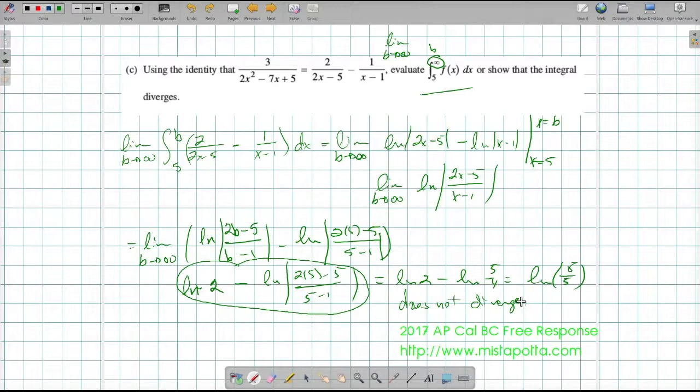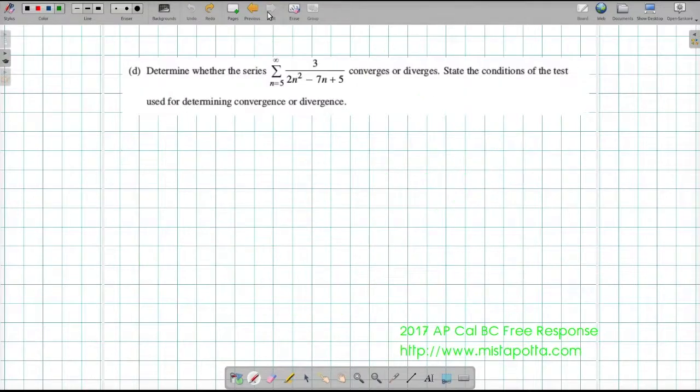And what's really nice is that this answer is going to help us answer Part D. At least it's one way that we can do it. Part D is asking if this sum, 3 over 2n squared minus 7n plus 5, converges or diverges. Keep in mind that because f of x is decreasing, approaching 0, then we can use something called the integral test.